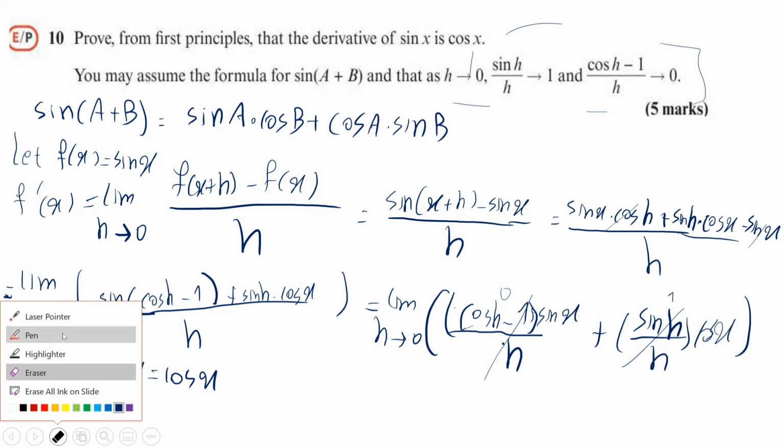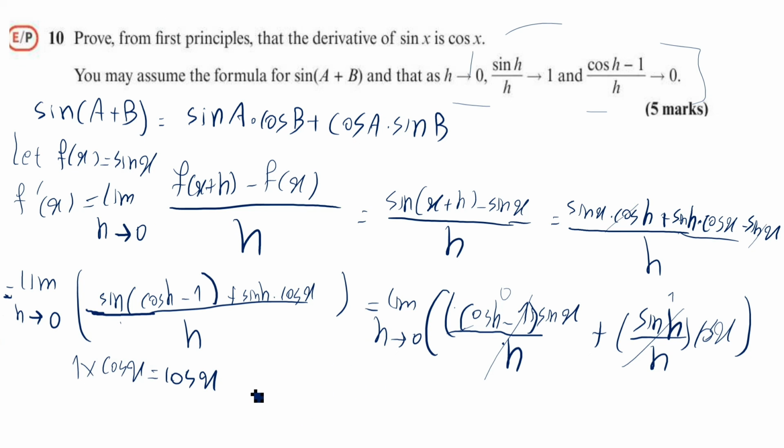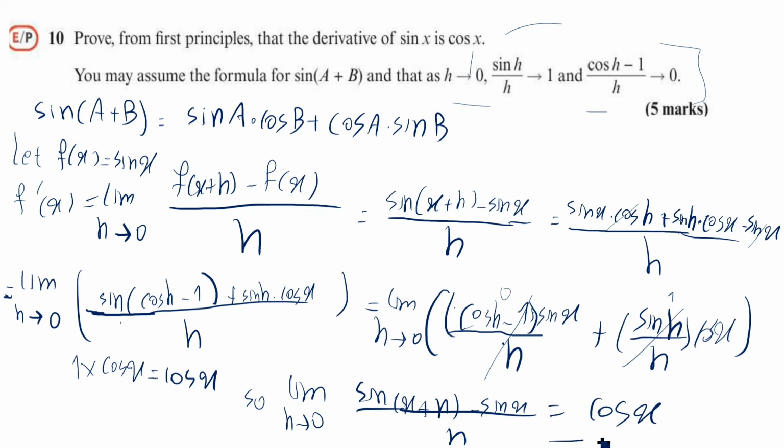So now the limit as h tends to 0 of sine of x plus h minus sine x over h is going to be cos x. That's it for this question.